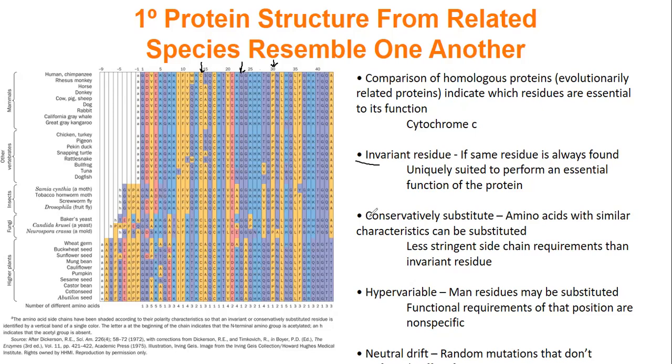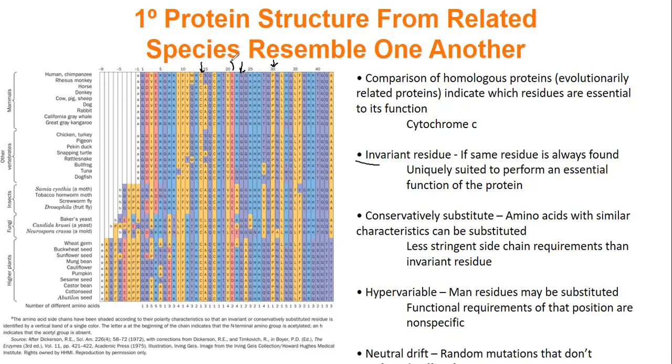Another type of relationship we can see is called a conservative substitution, where it doesn't matter that we have a specific amino acid there. What matters is that we have the same type of amino acid.